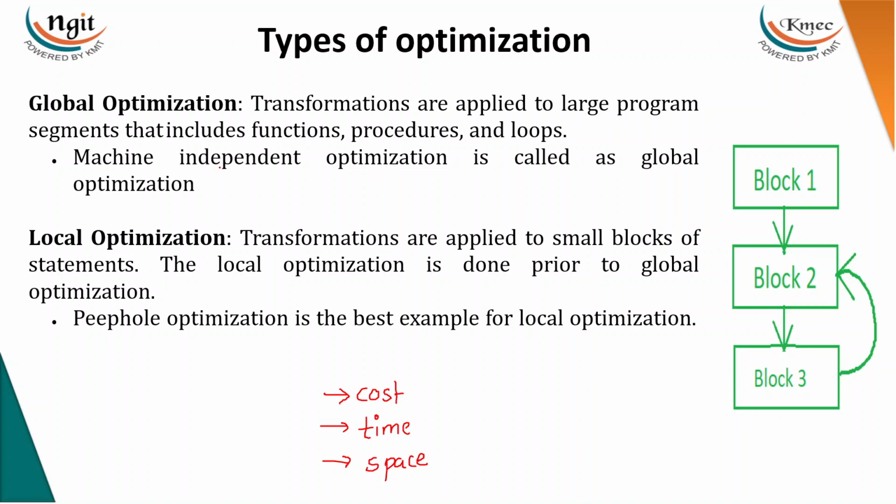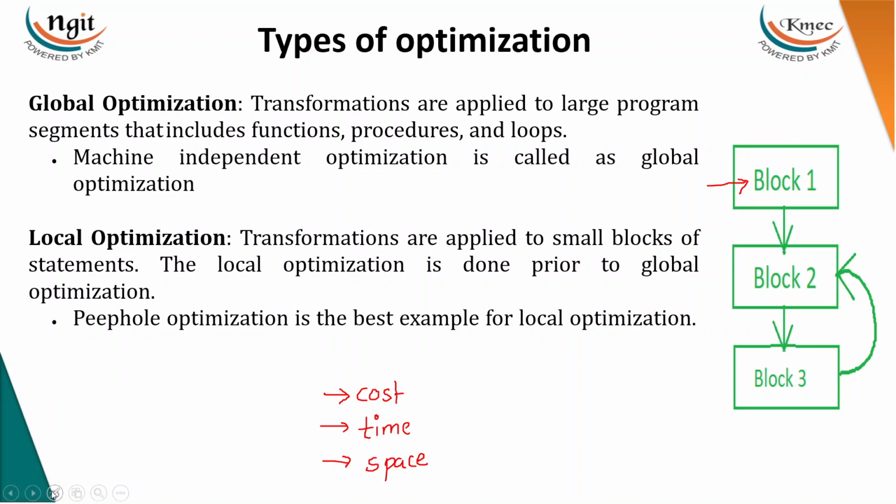Of course, that doesn't mean we can't perform global optimization in a machine dependent way, but generally machine independent optimization is called global optimization. And local optimization means we apply it on blocks. If an optimization is performed on a single basic block, then we call it local optimization.